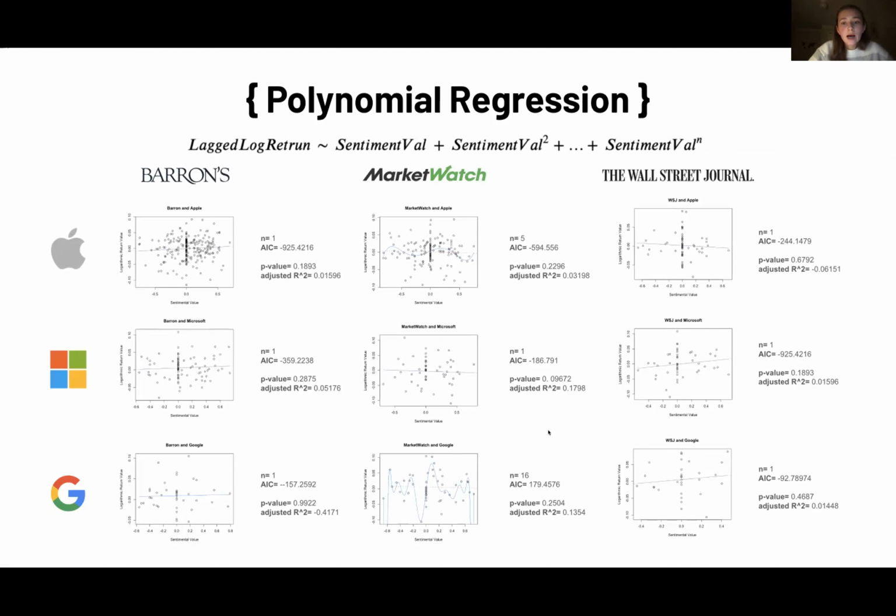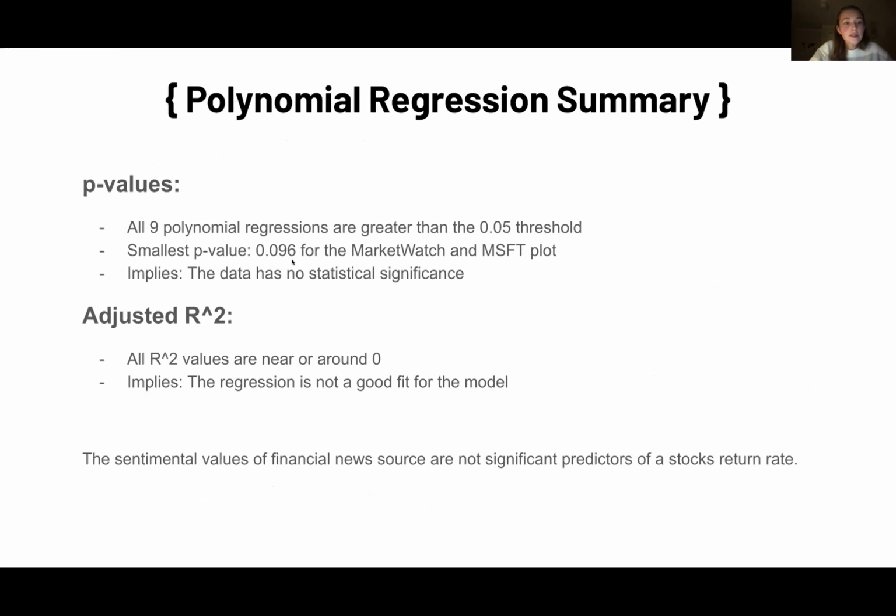But again, to summarize these 9 polynomial regressions, the p-values for all of them were much larger than the 0.05 threshold. And I believe the smallest one was 0.96, which showed that it didn't have any statistical significance.